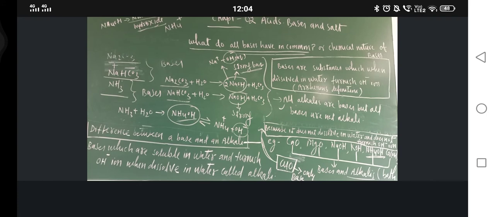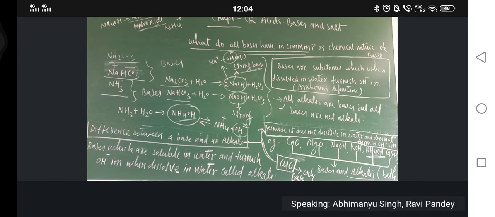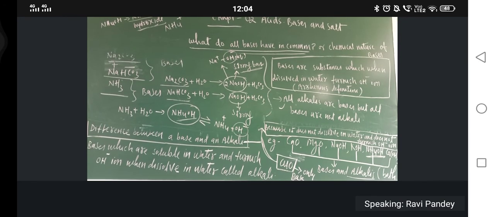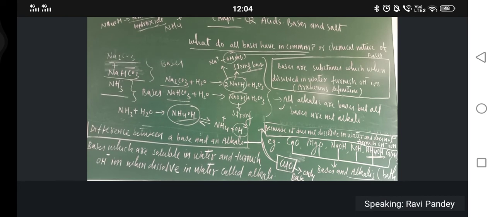Milk of magnesia is also one type of base, magnesium hydroxide. You take a metallic oxide, dissolve it in water, and after some time you will get a compound which will have OH, hence that will be classified as a base.